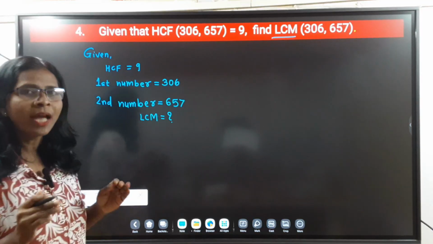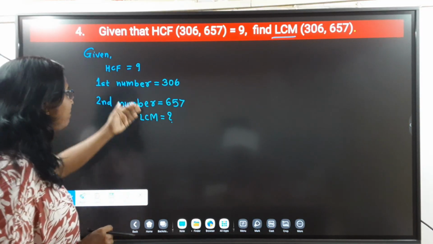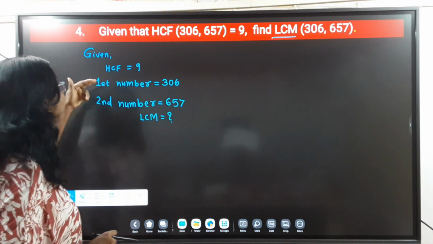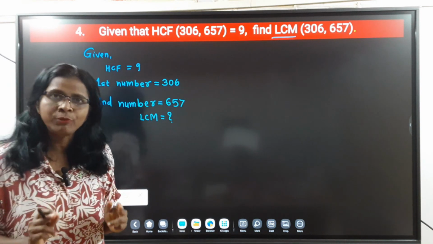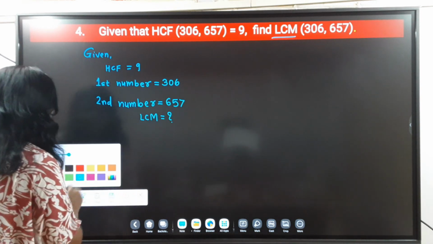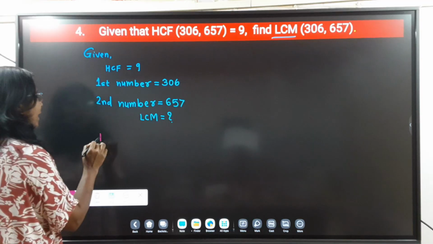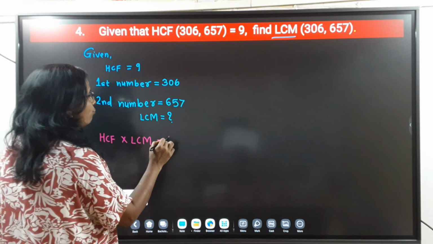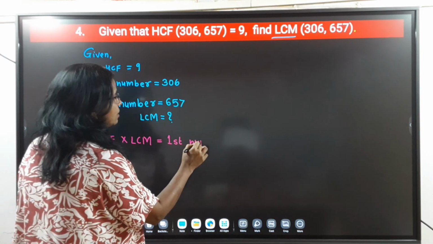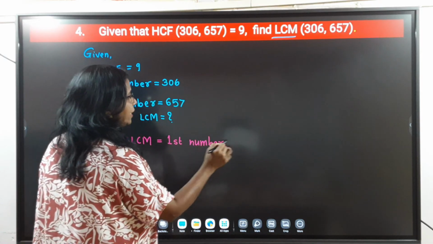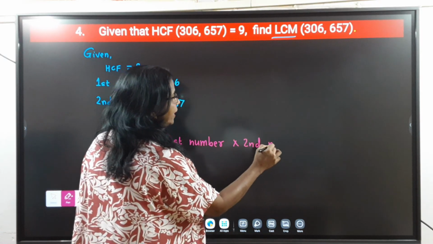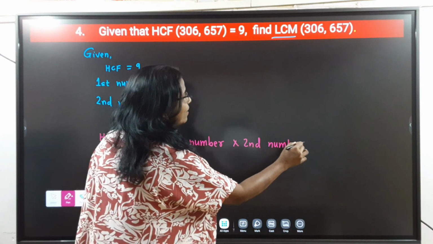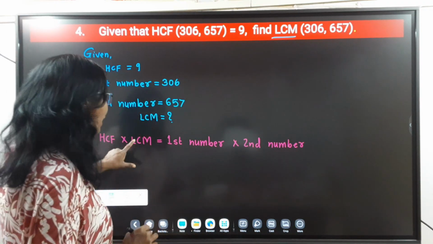Okay students, so now these are the quantities, and related with these quantities HCF, LCM, first number, second number, there is a formula. That formula is that HCF multiplied by LCM is equal to first number multiplied by second number. So here I substitute these values in this formula.